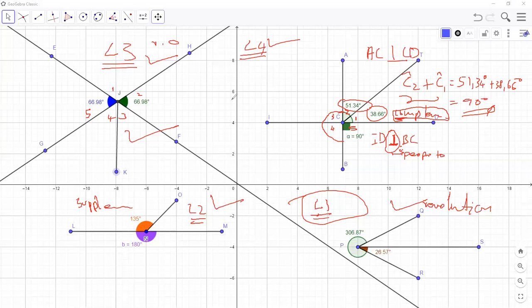So if I give you two lines and tell you the angle between them is 90 degrees, then you should know those lines are perpendicular to each other. The reverse is that if I tell you the two lines AB and CD are perpendicular, then you should know the angle between those lines is a 90-degree angle.